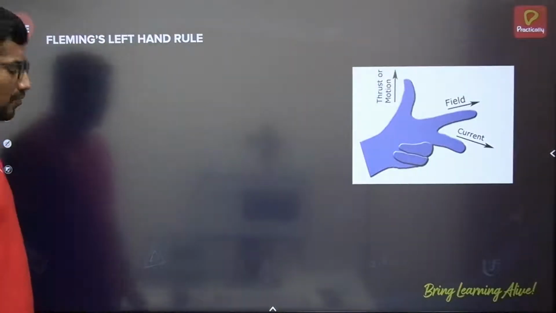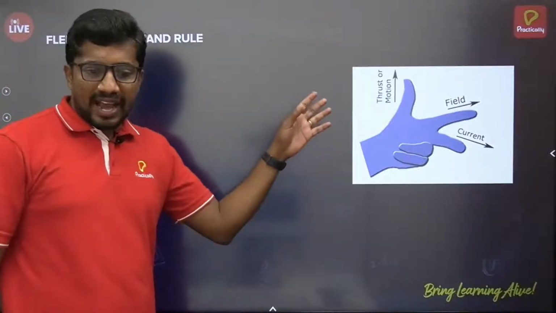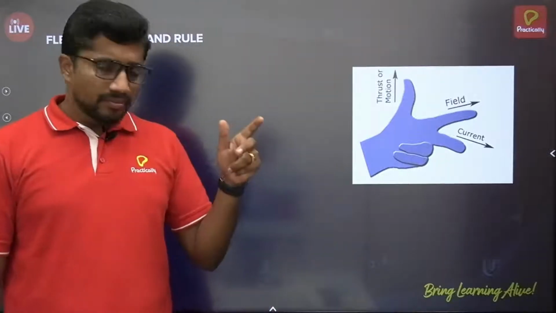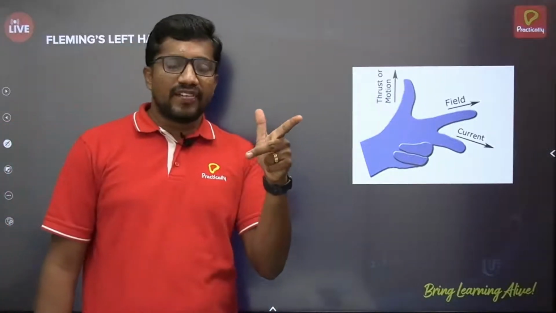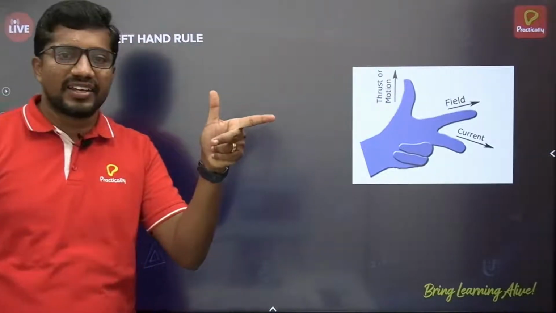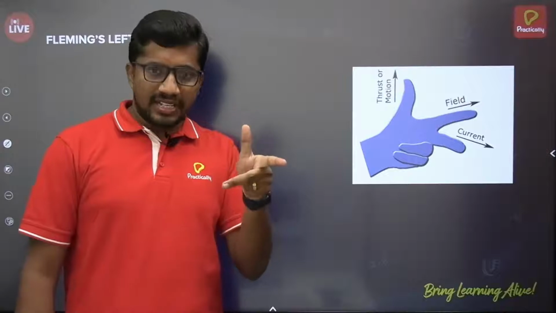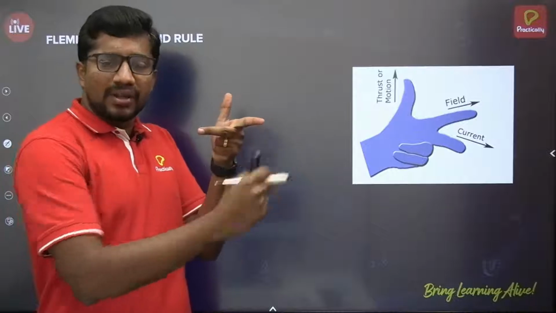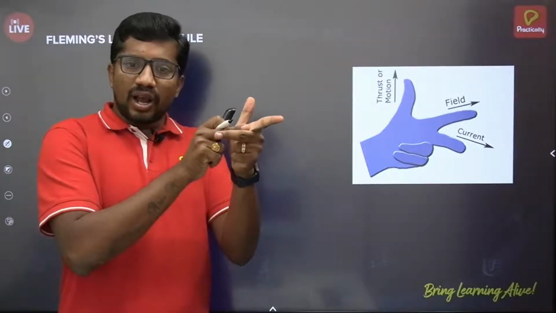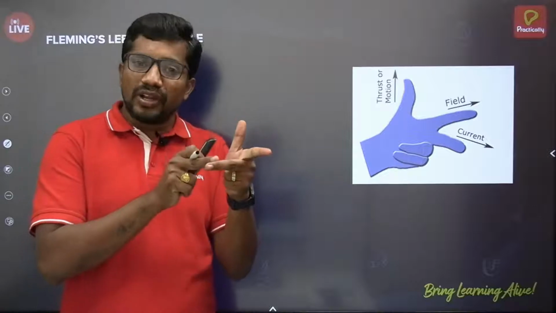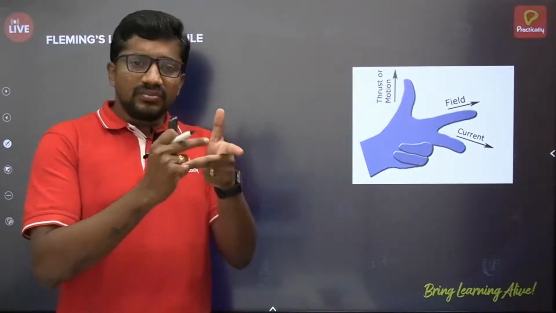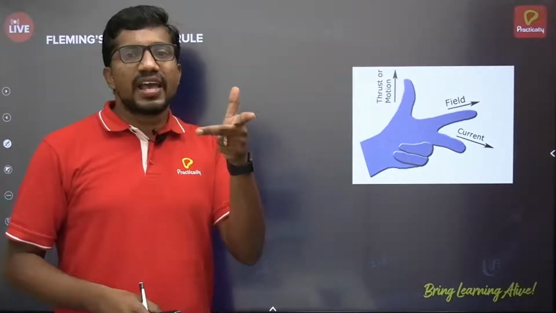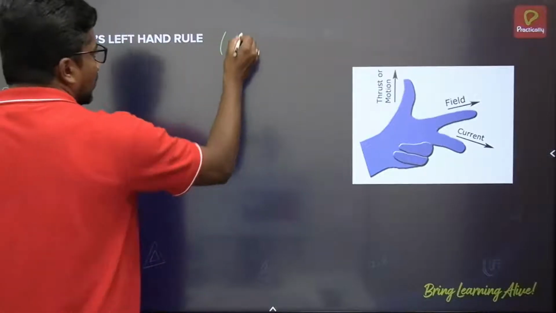So see here, Fleming's left hand rule states, you can see the diagram here, that if you stretch the first three fingers of the left hand mutually perpendicular to each other like this, in such a way that the index finger points along the direction of the magnetic field, and the center or middle finger along the direction of the current flowing through the conductor, then the force experienced by the conductor can be represented by the thumb. This is FLR, Fleming's left hand rule.